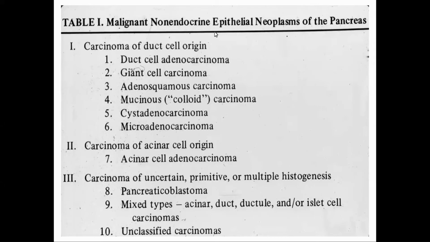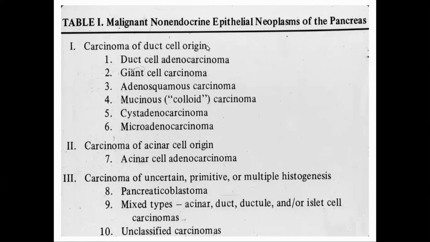Endocrine tumors, I told you, and non-endocrine tumors, that is epithelial tumors arising from duct cells, that is the pancreatic duct. So ductal cell origin is the first group. Second is acinar cell, that is the glandular element of the pancreas. So there are ducts and there are glands. Glands produce the pancreatic juice. Ducts carry the juice to the duodenum.